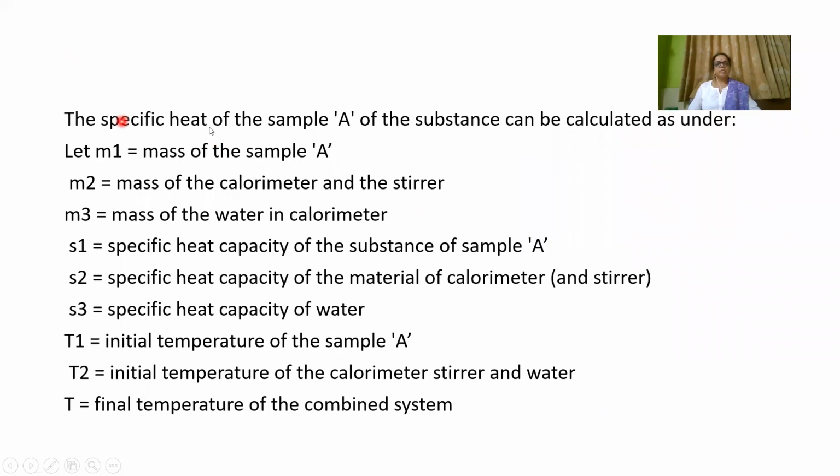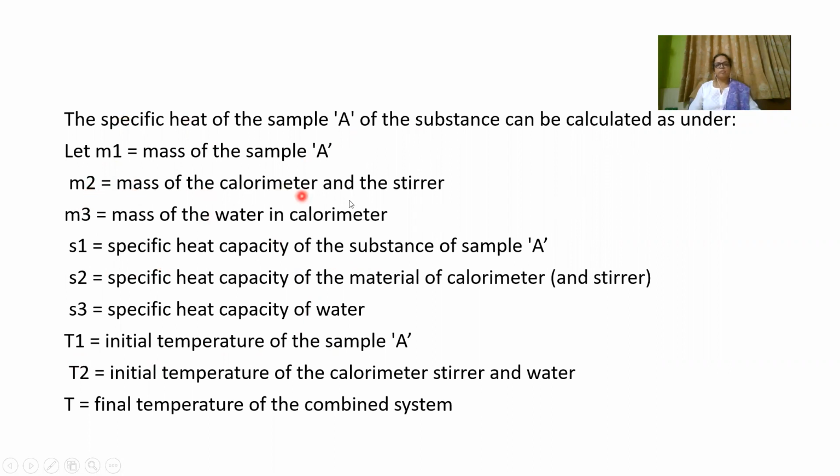The specific heat of the sample A can be calculated as follows. Let M1 be the mass of the sample, S1 its specific heat capacity, and T1 its initial temperature. M2, the suffix 2 is used for calorimeter and stirrer.